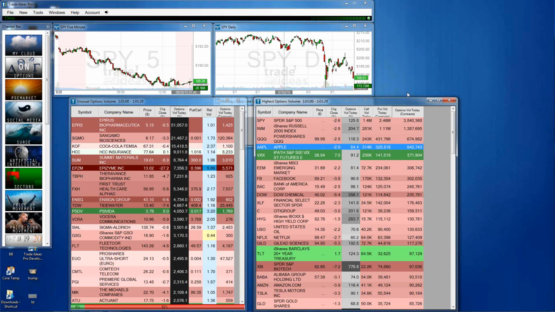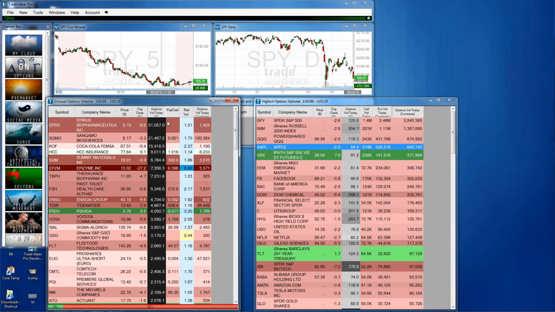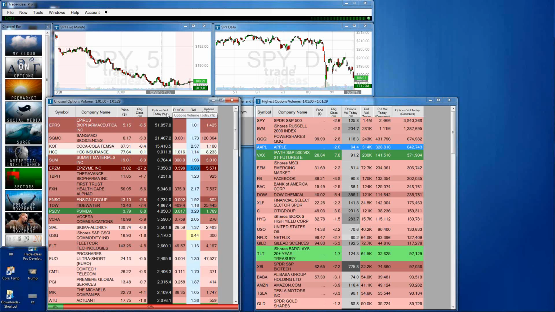But what about unusual options volume today? How does that differ from the number of contracts that have traded today? If we look over here at this list, it's being default sorted by options volume today on a percentage basis. In other words, how many options above normal are trading here? And of course, since we're dealing with percentage volumes, a value of 100 would be normal.